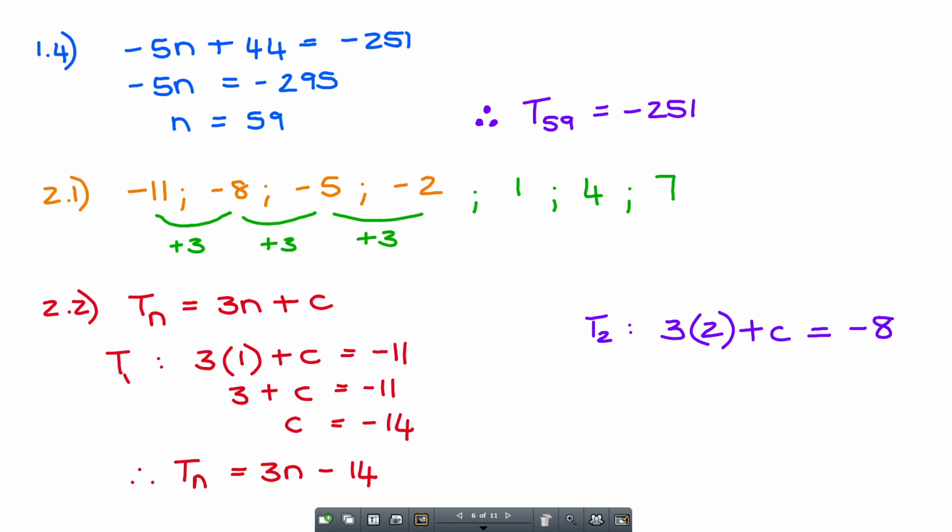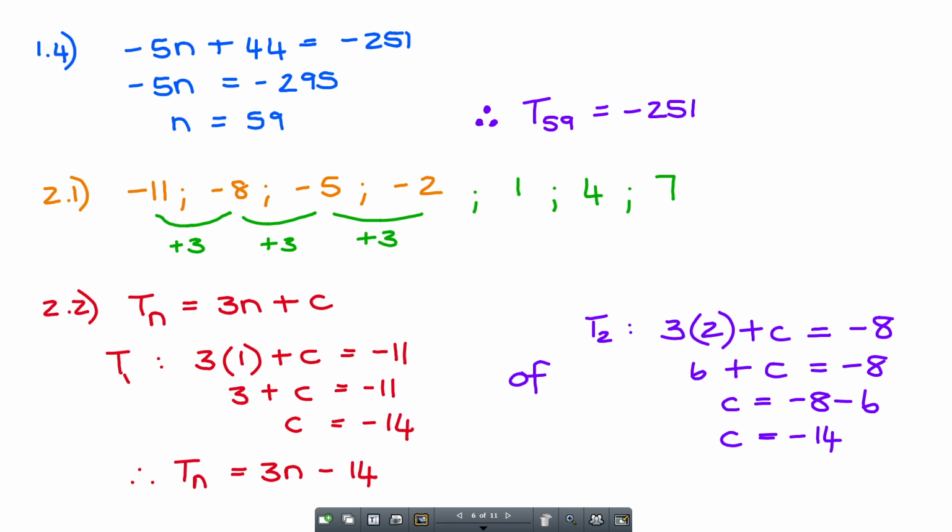Do you guys see what I'm doing? Okay, so daai geef my 6. And then that 6 goes over and becomes minus 6. So sien jy, gee weer vir my minus 14. So it doesn't matter whether you use term 1, 2, 3, 4, 5, it doesn't matter. Jou c-waarde gaan altyd dieselfde wees.